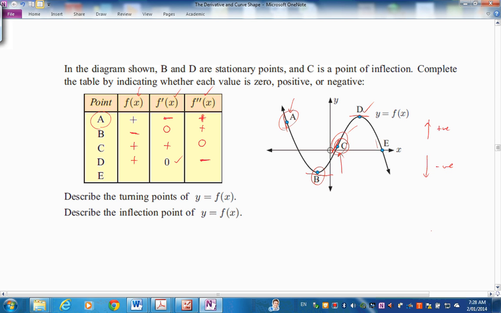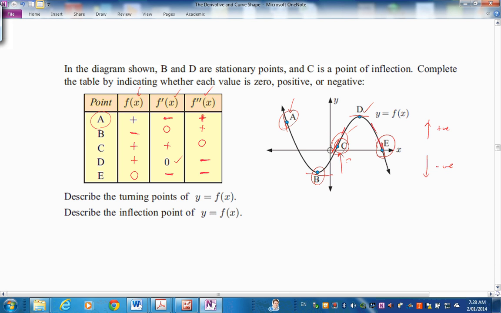Then part E, where's E? Right on the axis, so the function value is 0. Slope of the tangent this way is negative. What are we in there? We're in a concave down, so what we're going to say here is that the second derivative is negative because the first derivative here is changing from positive to 0 to more and more negative.